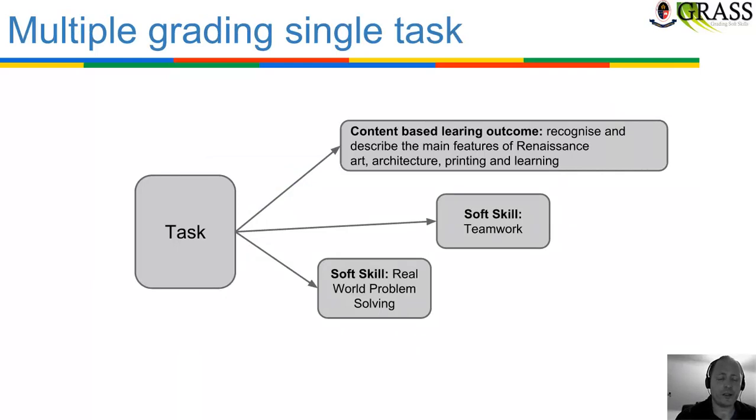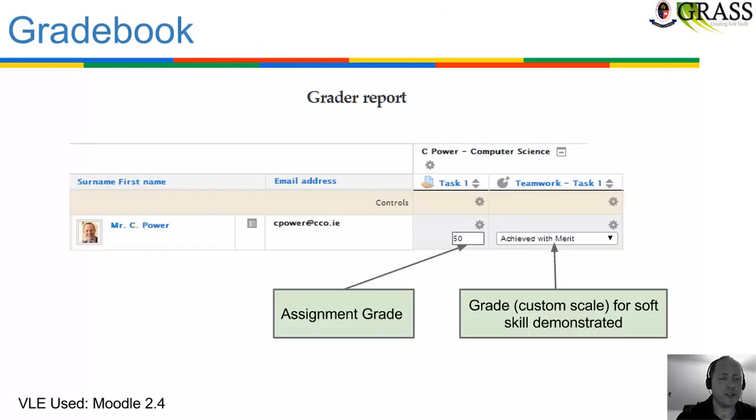So a single assignment or task on the virtual learning environment may have components of soft skills and content-based learning outcomes or statements of learning for the Junior Cert Schools Award, and all those factors need to be graded, considered by the system. So in relation to that, we looked at two virtual learning environments, and in this example here using Moodle, you can see that it is possible to add learning outcomes to tasks in Moodle.